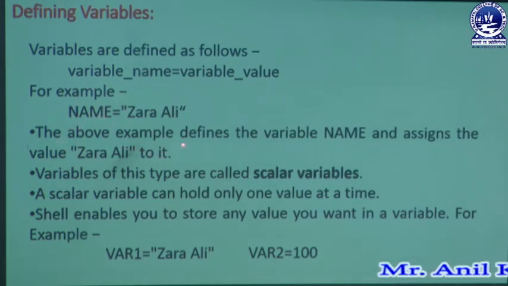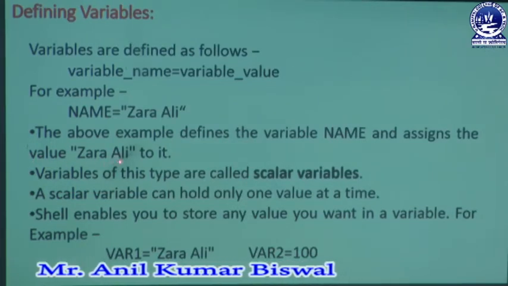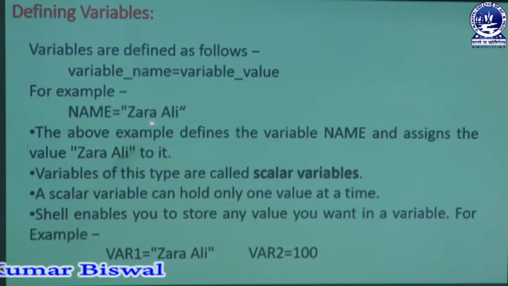So the above example defines the variable name and assigns the value Zarali to it. You may put any name, a number, or anything else instead of Zarali, there is no problem. It is only one value, not a constant.